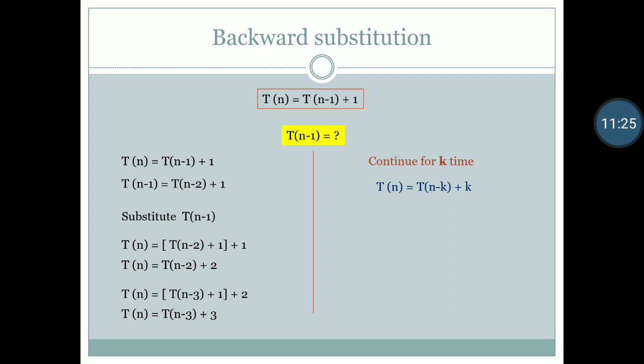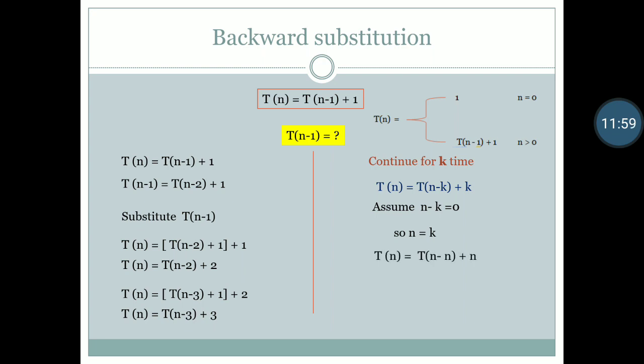Now let's remember this equation: Tn is equal to Tn minus 1 plus 1 when n is greater than 0, and 1 when n is equal to 0. So if we consider n minus k is equal to 0, then directly n is equal to k.